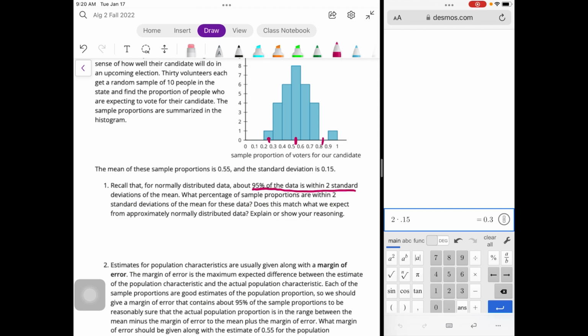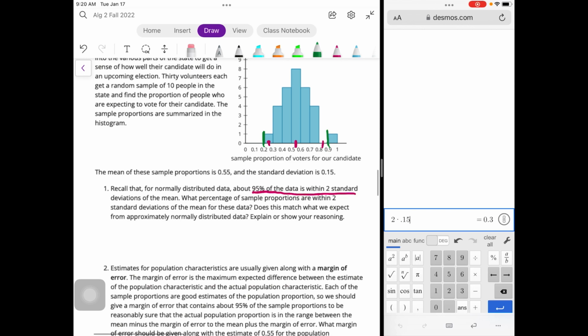Now, if you're looking at the bars, you might want to look at the interval from 0.2 to 0.3, since we're in the middle of the bar. So let's take a look at it that way. If we were going from here to here, how many are there? We have 1 on that bar, 4 on that bar, 6, 8, 6, and 4. So that's 28, 29. If we go from 0.2 to 0.9, we have 29.